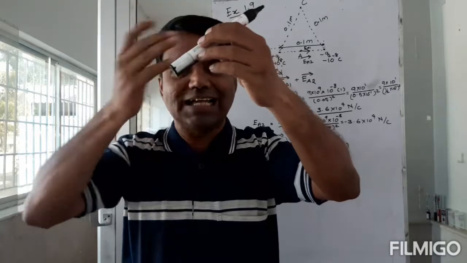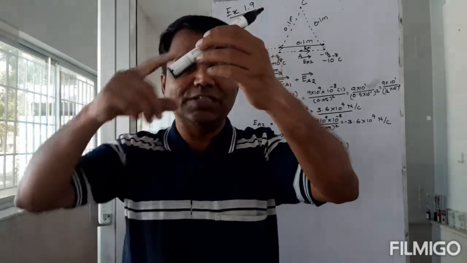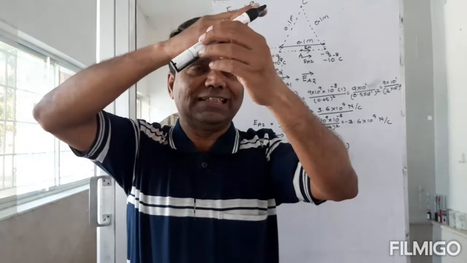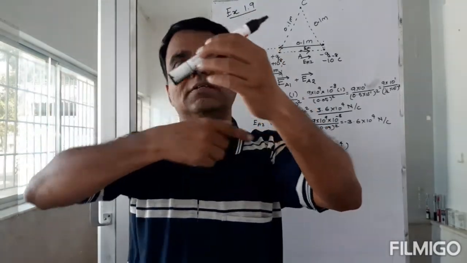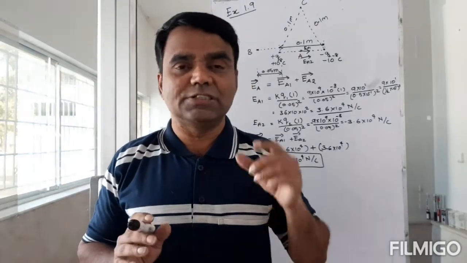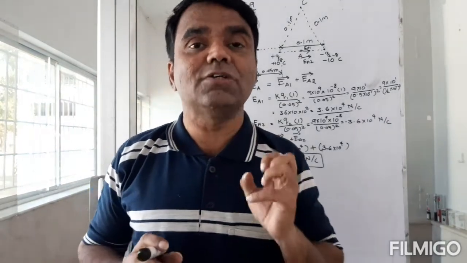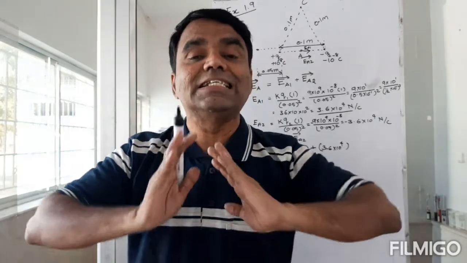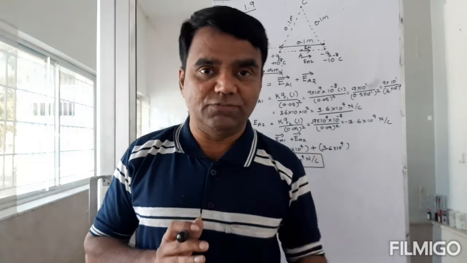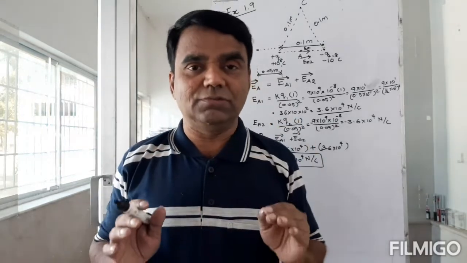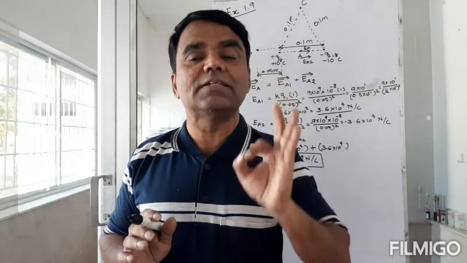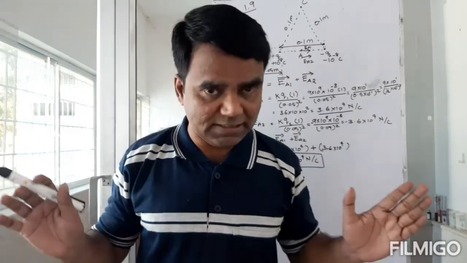You can't just algebraically add. You need to know that, okay, this is attracting in this direction and this is repelling in this direction, so the net force will be in a different direction. Okay? So just because you have a negative number does not mean that you can take that number and algebraically add it with another positive or negative number. No, that is not true. The negative number simply indicates that it is an attractive force, nothing else.